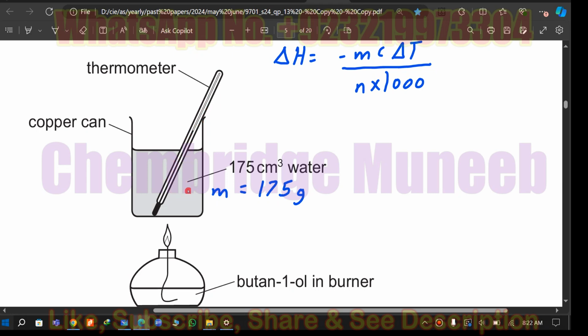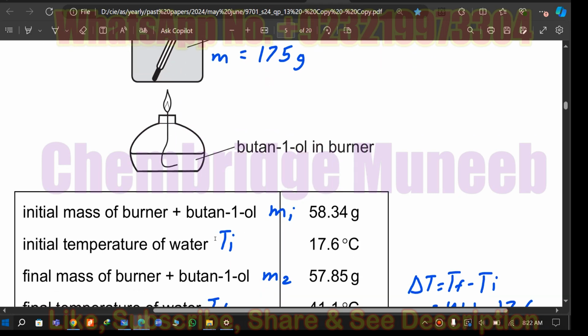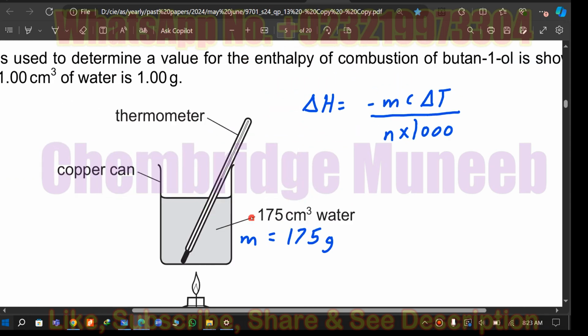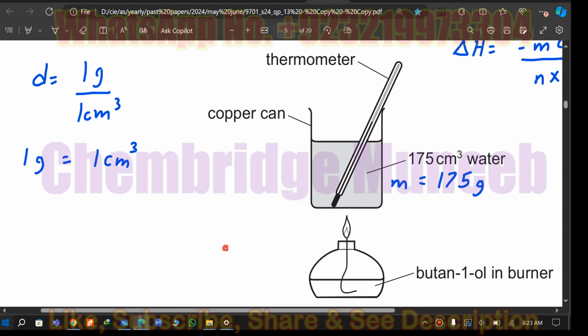So we need to find the value of this water which is being heated up, and the mass of the butanol is used to calculate the number of moles, and that number of moles is given here in this expression. Now as we have found the value of the butanol, we need to calculate the number of moles as well.